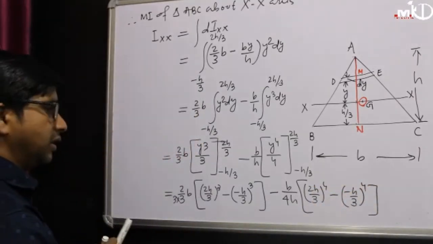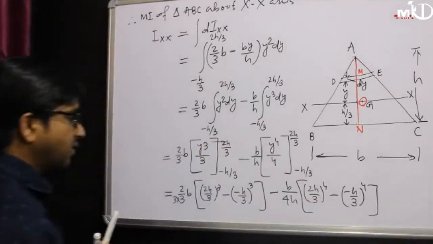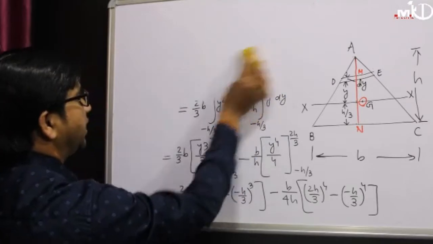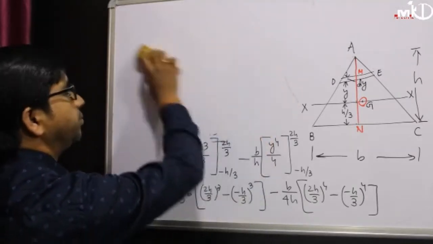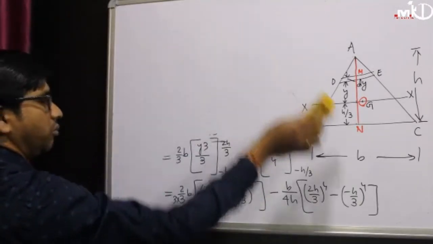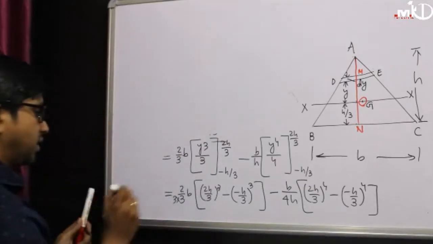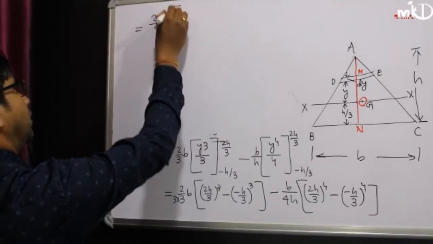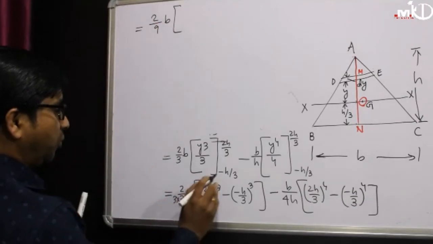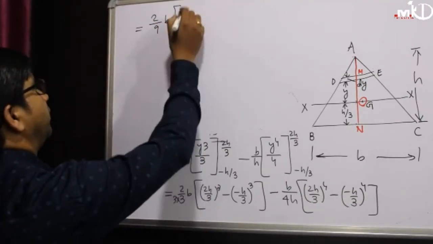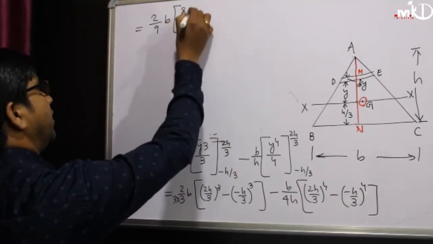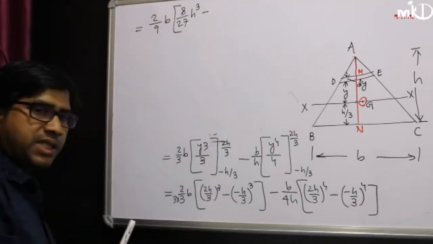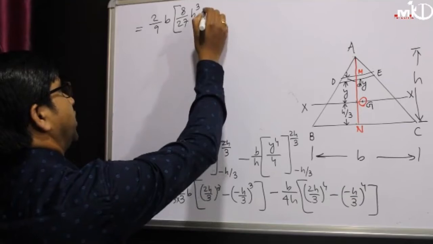It is very simple, you just have to know how the integration is done. Now we will simplify this expression to find the total moment of inertia. So this is 2 by 9 b whole into 8 h cube by 27, minus minus h cube by 27, which becomes plus.